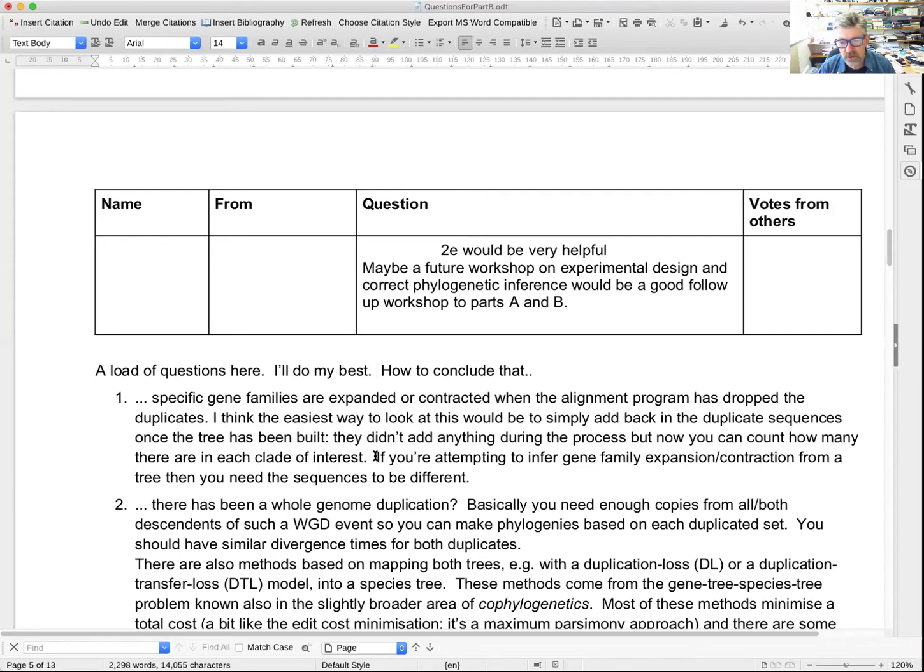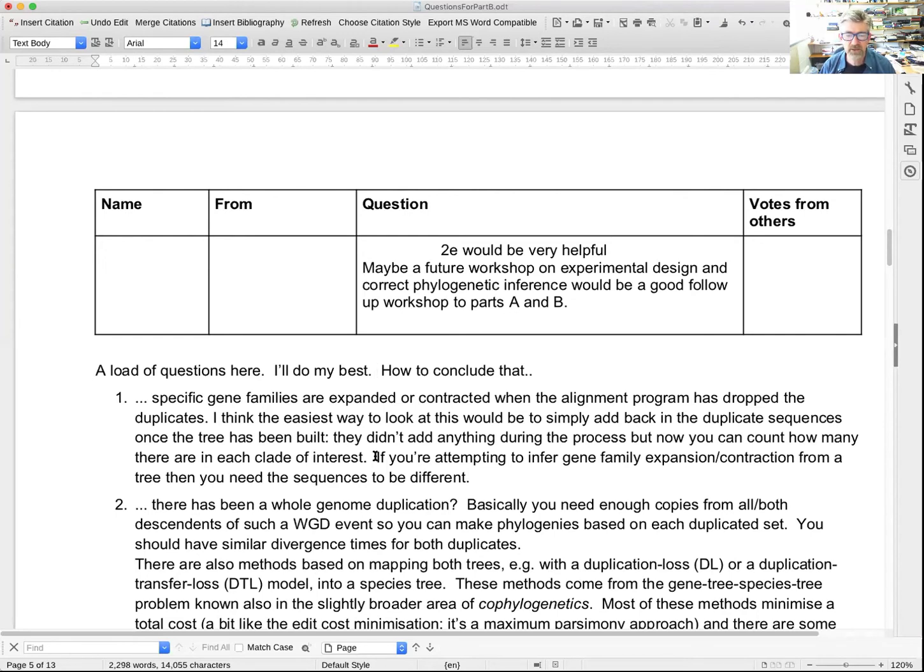Now, one thing that you could do potentially is, if you have a lot of sequences that aren't perhaps identical, build a tree on the whole lot. And if you find that you have multiple subtrees that are matching a species clade, and multiple parts of your gene phylogeny are matching that clade, then it looks like there might have been a gene duplication, or perhaps a set of genes have duplicated at the root of that clade.